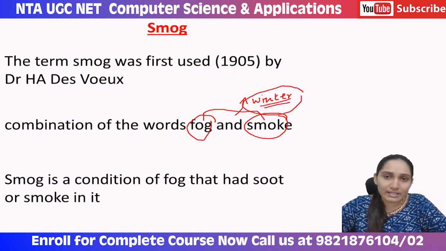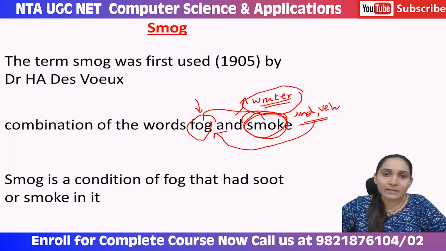During winter the fog appears, and when smoke, from industries or vehicular emissions, etc., combines with the fog, it creates smog. So mostly it is seen during the winter season.